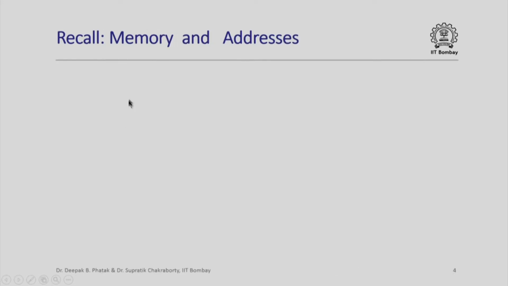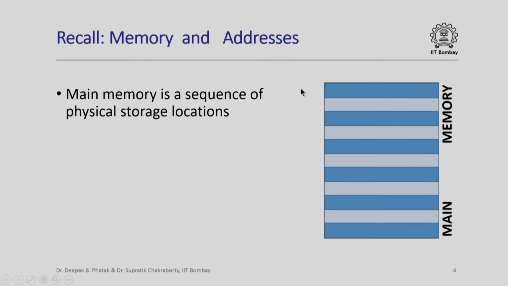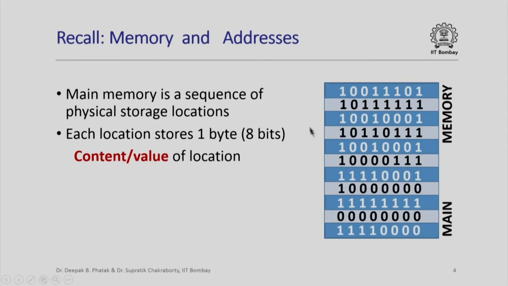So let us quickly recall the organization of memory and addresses of memory locations. Main memory can be thought of as a sequence of physical storage locations as is depicted here. Each of these locations stores 1 byte or 8 bits. Each horizontal rectangle can be thought of as one location of memory storing 8 bits, and these 8 bits will also be called the content or value of that location.